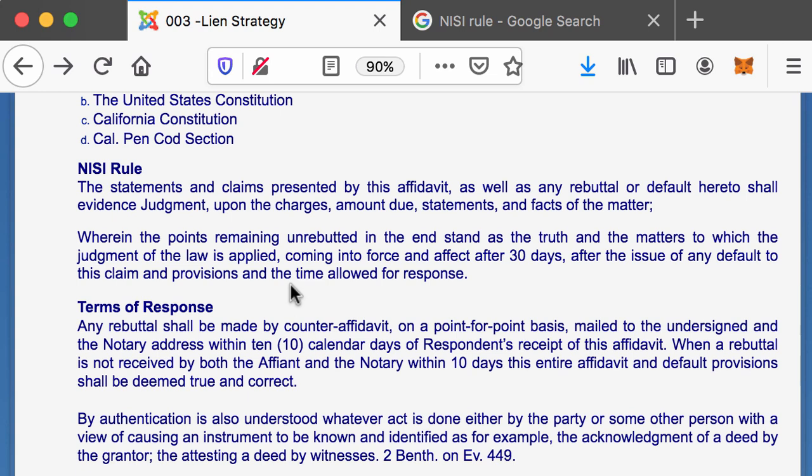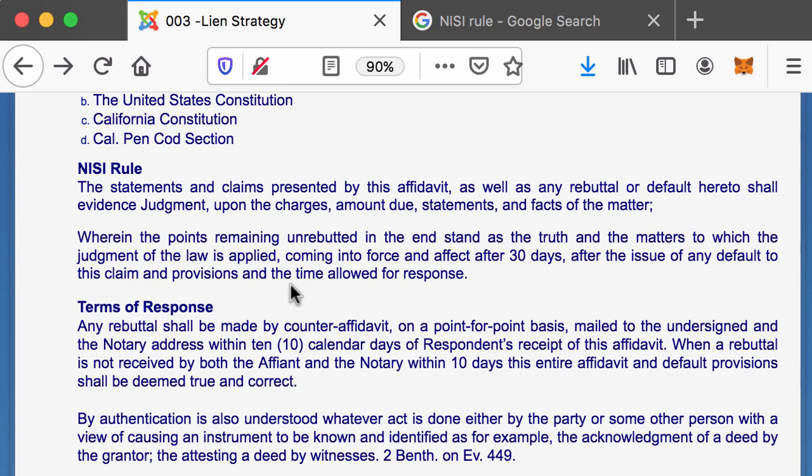Okay? So here's the Nisi rule. The statements and claims presented by this affidavit, as well as any rebuttal or default hereto, shall evidence judgment upon the charges, amount due statements, and facts of the matter, wherein the points remaining unrebutted in the end stand as true, and the matters to which the judgment of law is applied, coming into force and effect after 30 days upon the issue of any default to this claim, and provisions and the time allowed for response.